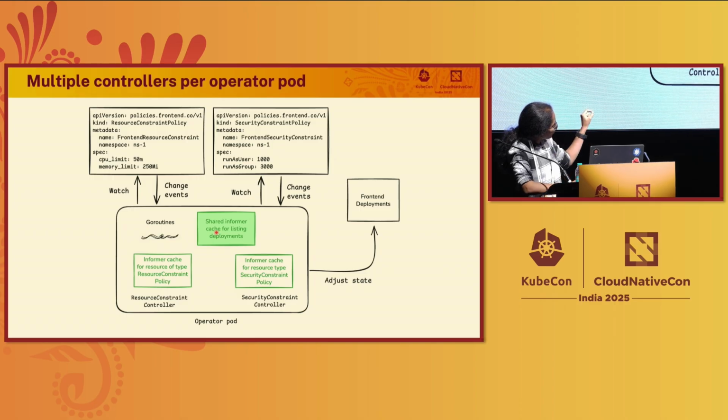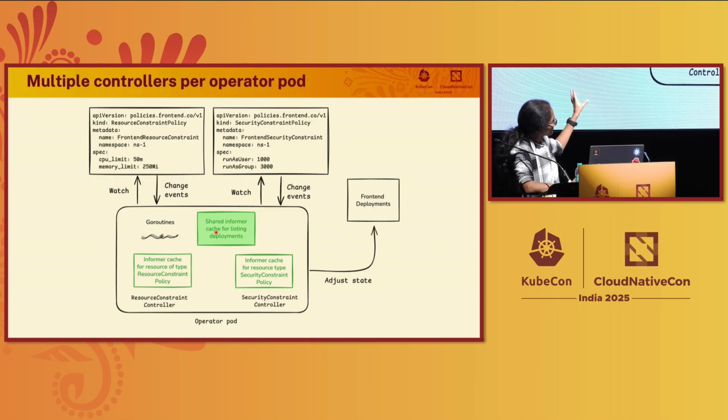So the shared informer cache is meant for the use case where there are multiple controllers and many of them are trying to watch the same set of resources. It could be any resource. It could be your deployments, or deployments with a certain filter, like label selectors. So that's about having a shared informer cache between two controllers per operator pod.